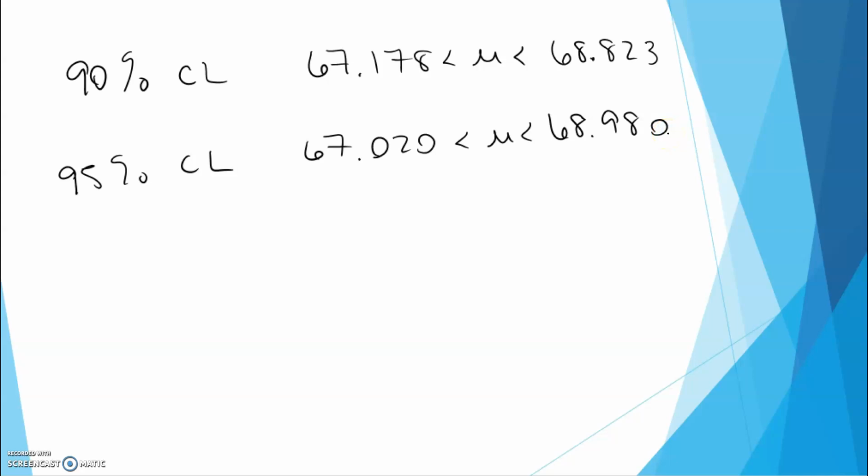Okay. Notice when my confidence level goes from 90 to 95, my confidence interval becomes wider. So as your confidence level goes up, your confidence interval will become wider or more spread out.